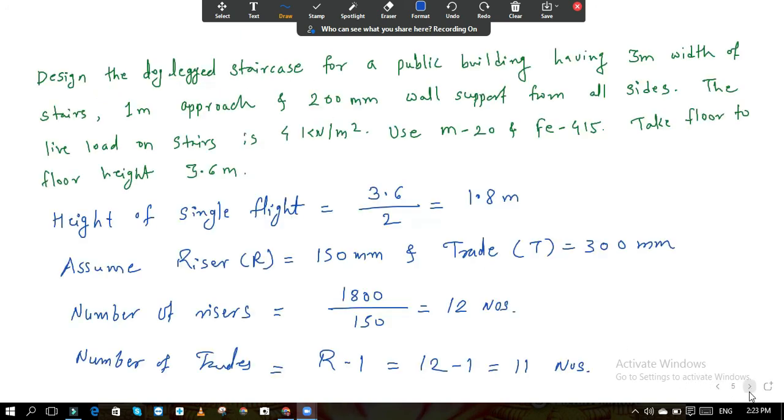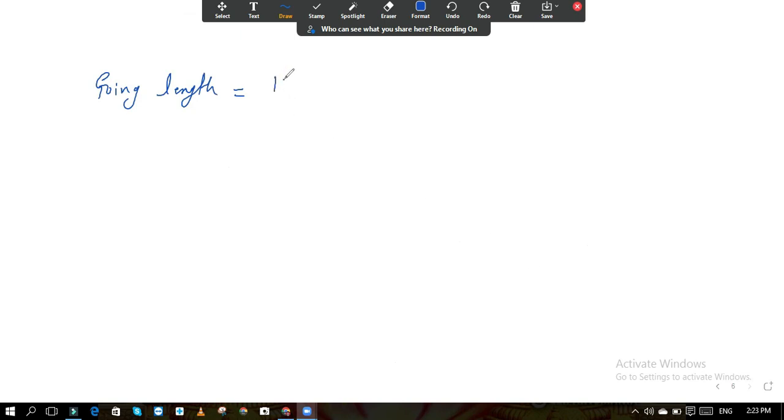So going length is equal to, how many treads are there? 11. 11 into 300, which is equal to 3300 mm is the going length, which is equal to 3.3 meter.